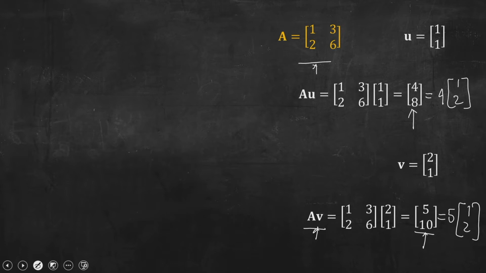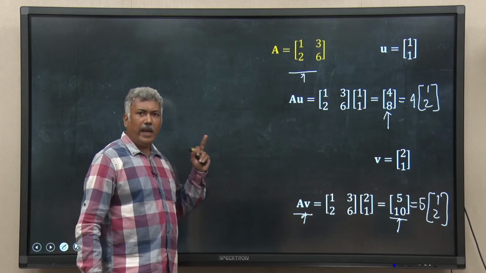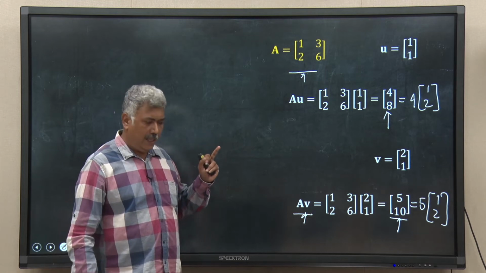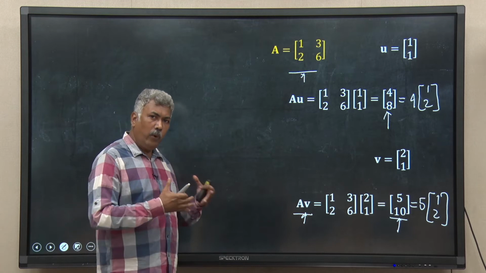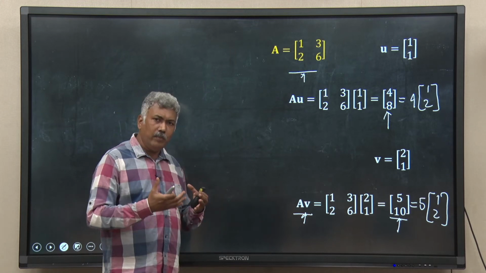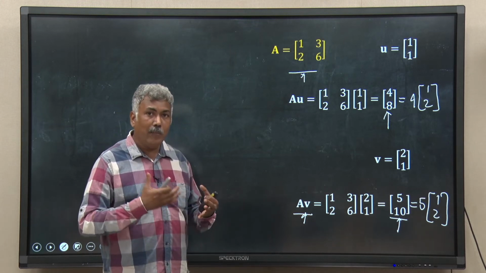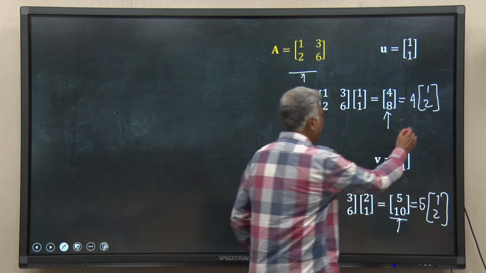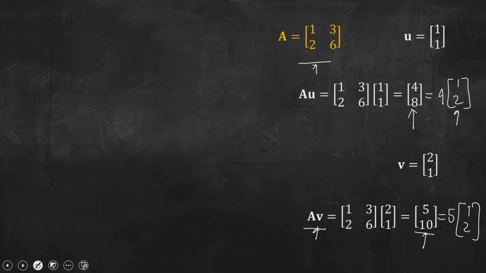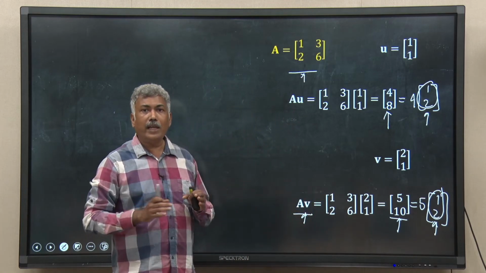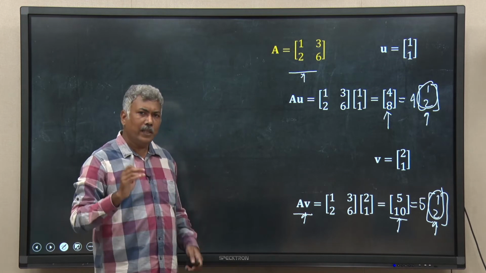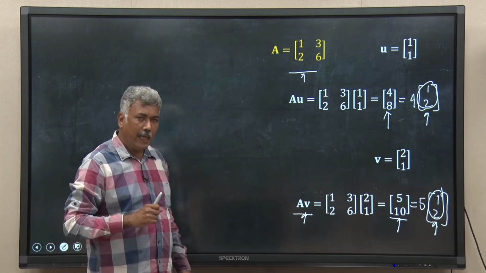So, that means this new matrix A has done a linear transformation in such a way that both u and v have given me vectors which are multiples of the vector 1, 2. This vector and this vector are the same, but they got multiplied, one by 4, another by 5. So, let us see geometrically what has happened.